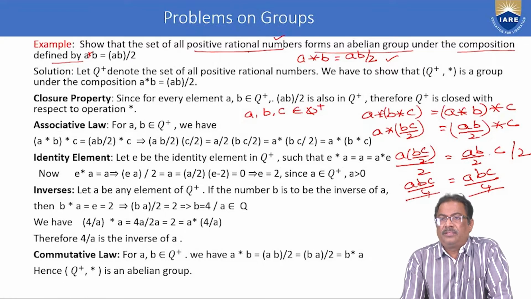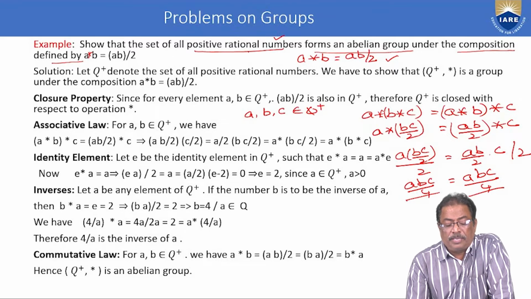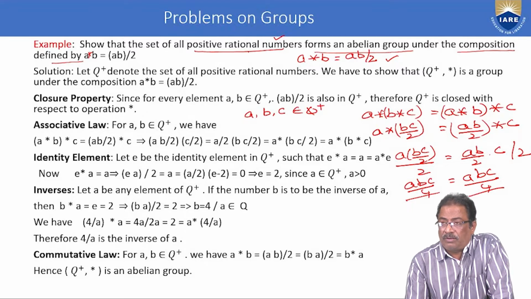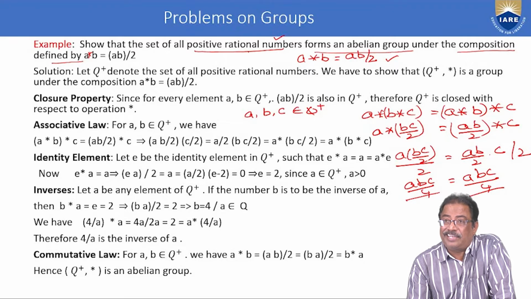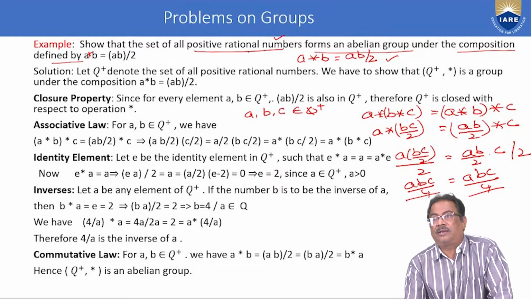And now the identity element. Which is going to be the identity element here? First of all, we are going to find what the identity element is, and whether that identity element is a member of the set or not.